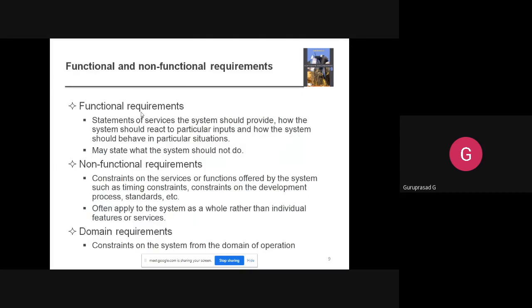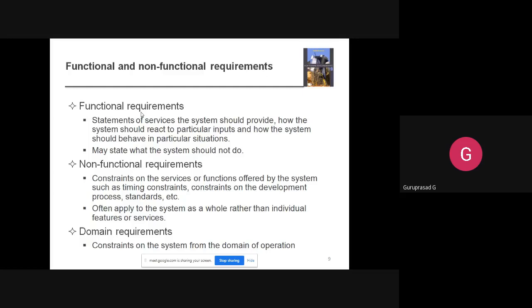Now the major classification is called functional and non-functional requirements. What is functional here? As the name tells, what is the function? What services the system has to provide, how the system has to react to the inputs, and how the system should behave in a particular situation, correct? So this is purely related to the functioning of the system.